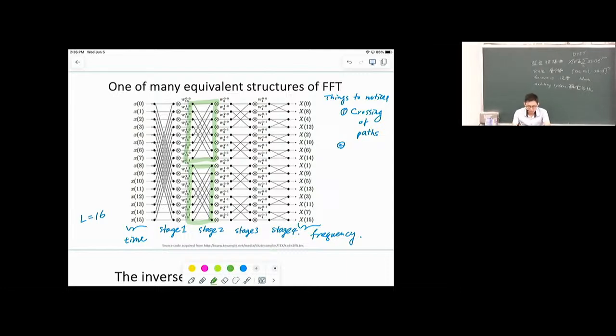After crossing, further, now we divide each length 8 unit, we divide the task further into 2 subtasks of length 4.